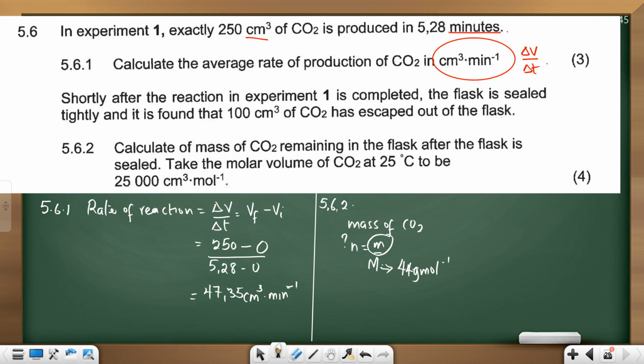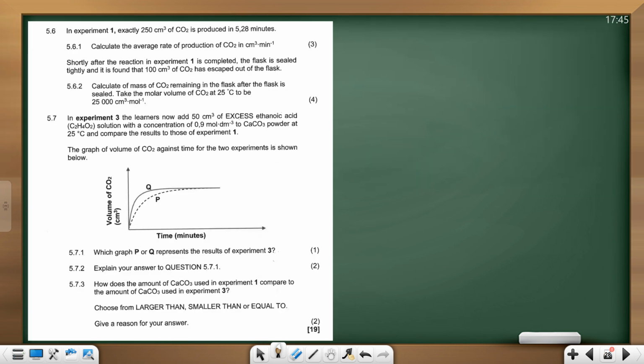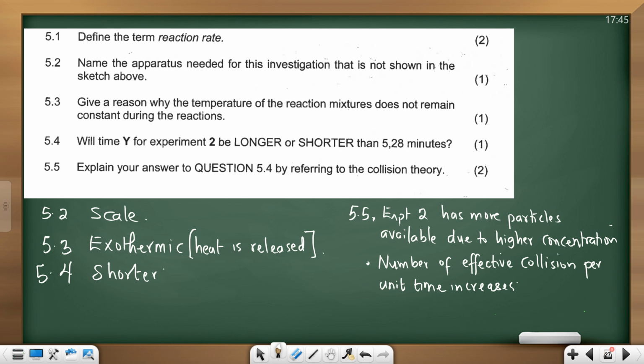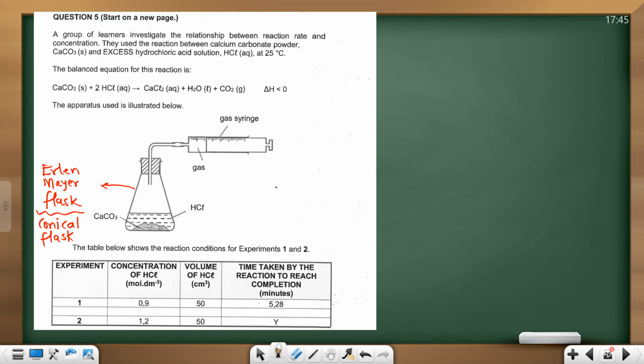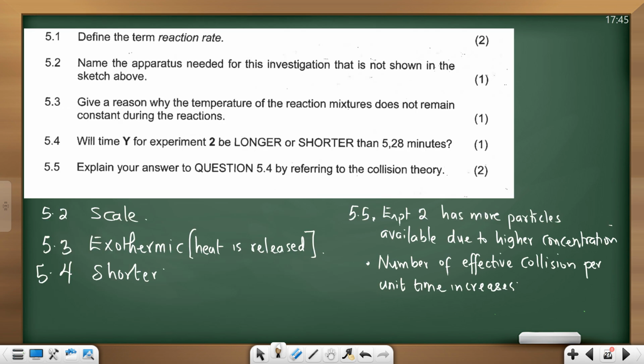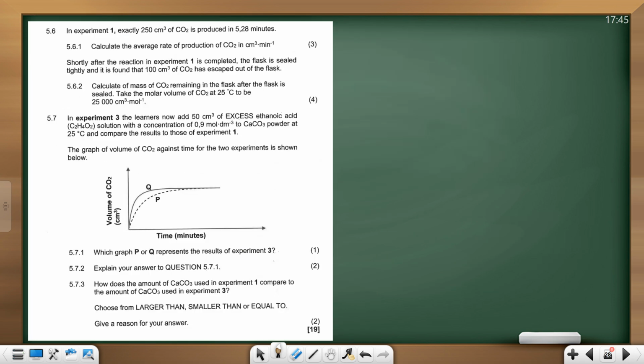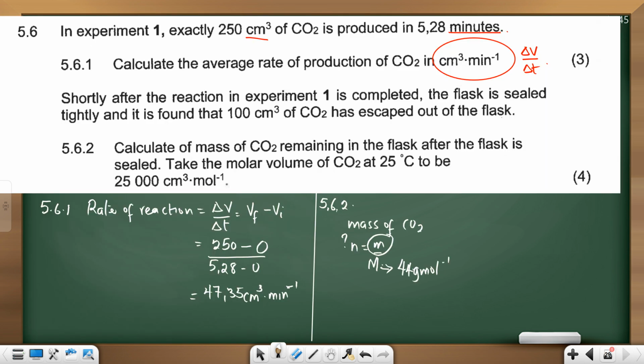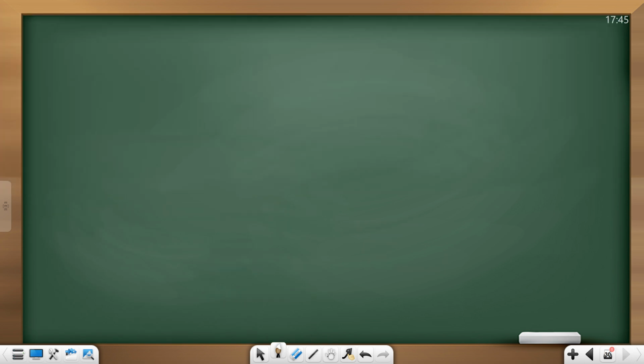Let's go back and write the reaction. What's our reaction? What do we have? Calcium carbonate, right? Plus hydrochloric acid. I'll get a fresh page now and we write that equation and see what the examiner is all about.